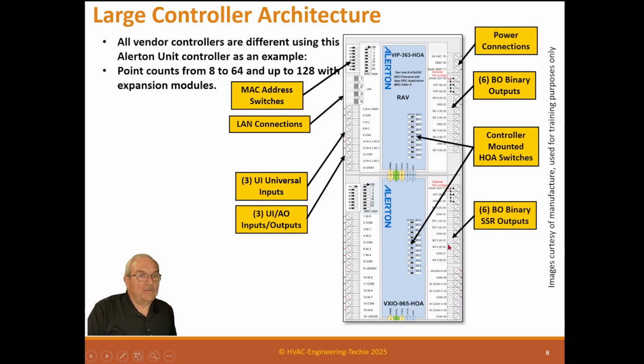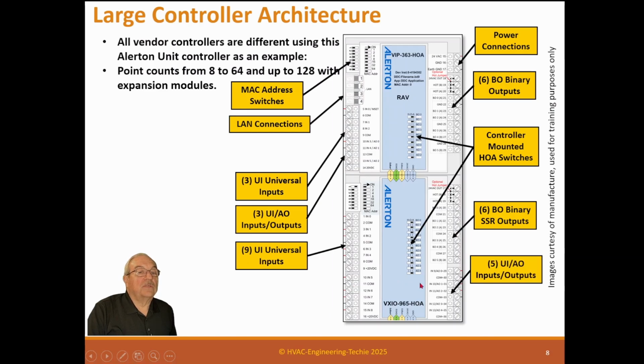Then on the expansion module, you have another 6 binary outputs, another 6 universal inputs, and another 5 UI-AO, inputs and outputs. It's kind of weird to have universal inputs and outputs, but it has those. And here's a 24-volt AC outlet in case you have devices out there that require 24-volt AC to run, like a transducer or something that doesn't require a whole bunch of power.